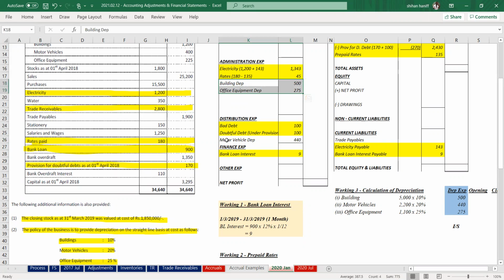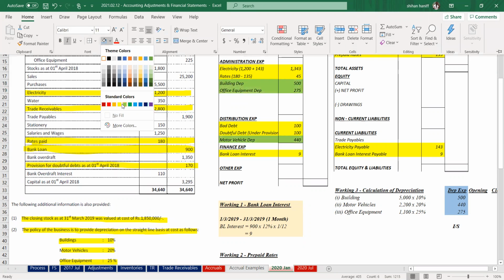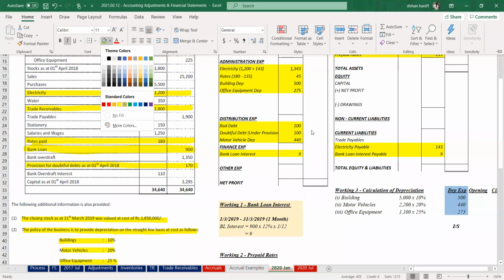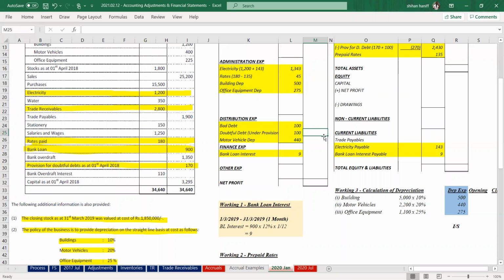So we record the annual depreciation. There are no purchases, disposals or anything, so we calculate for the cost given.